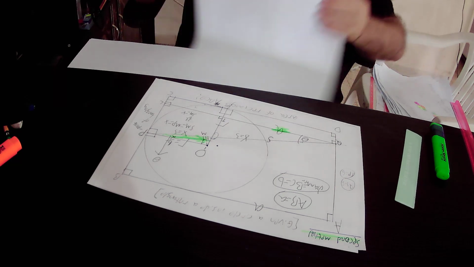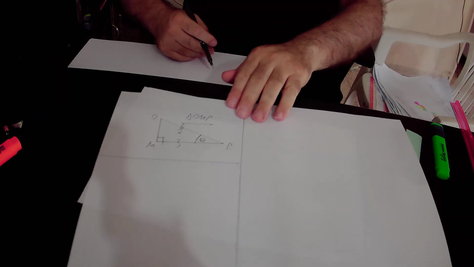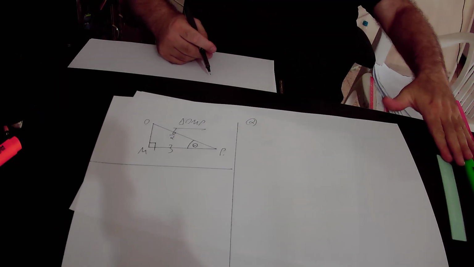So actually, this is the right triangle OMP that they copied from the original drawing.